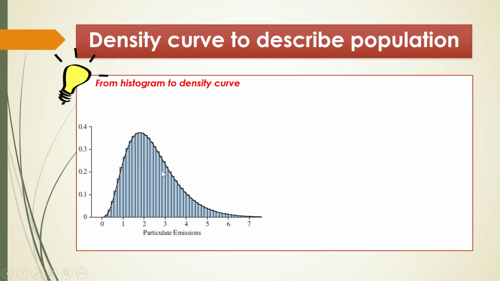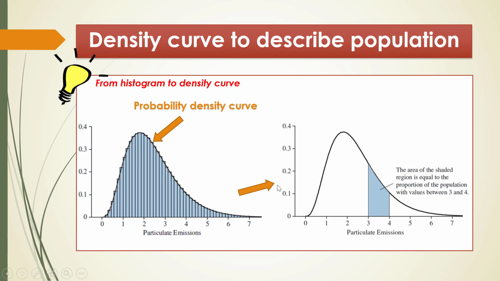Imagine if we erase the histogram, the rectangles, after we finish the curve. We would have only the line, only the curve. And this curve is called the probability density curve. So here, after I erase the histogram, I have a density curve.